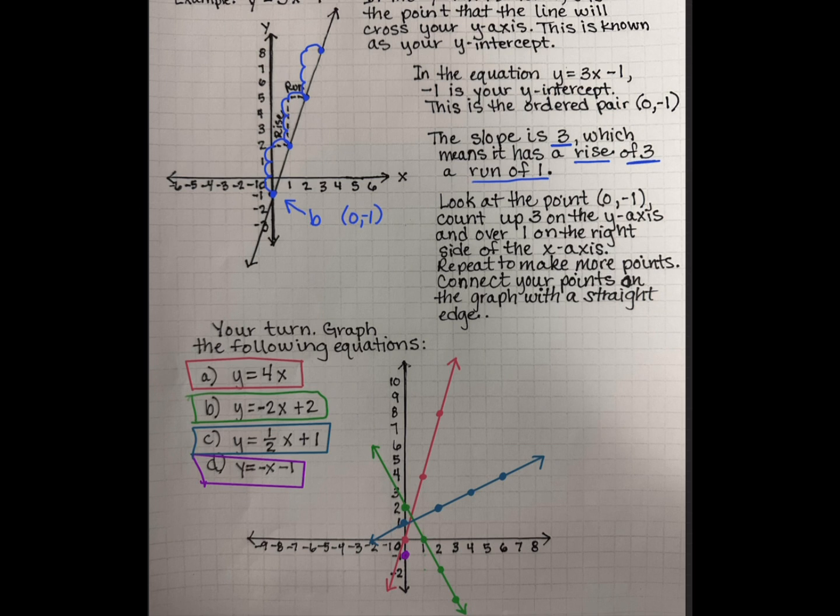And what I see next is that my slope is also negative. There is no number in front of the x, which means that we are going to put a 1 in front of it. And because it's negative, we go down 1 over 1 to the right, down 1 over 1 to the right. And I repeat this until I get enough points on my line in order to make a straight line.